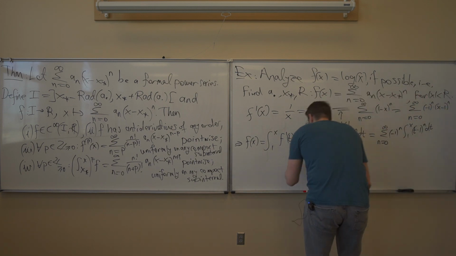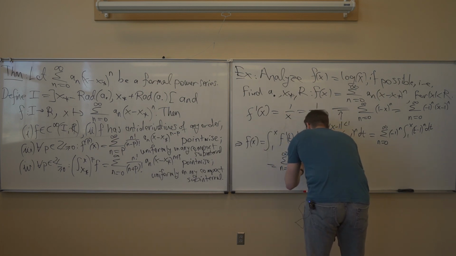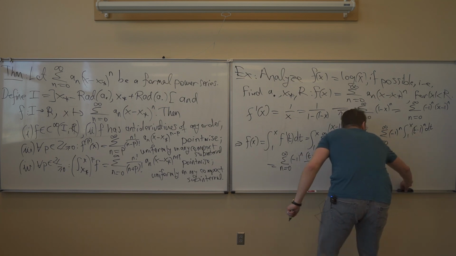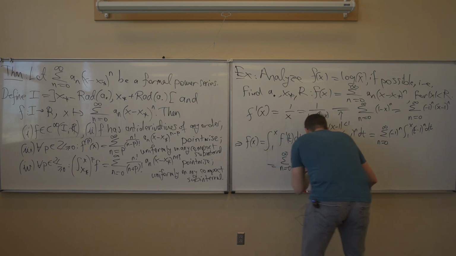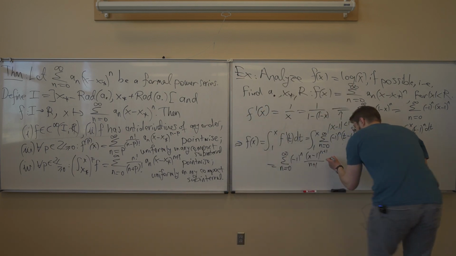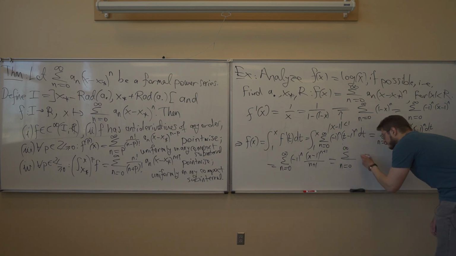Then I know how to integrate this: minus 1 raised to the power n times t minus 1 raised to the power n plus 1, divided by n plus 1, evaluated at x minus 1. And so I have this.